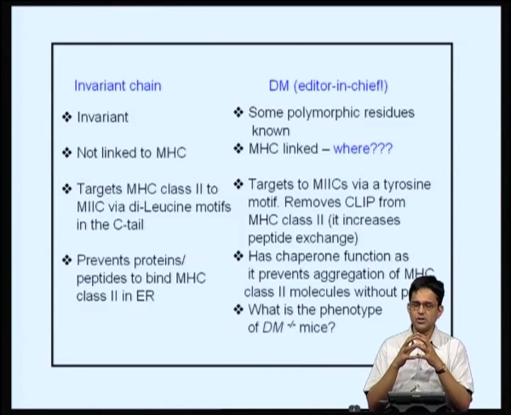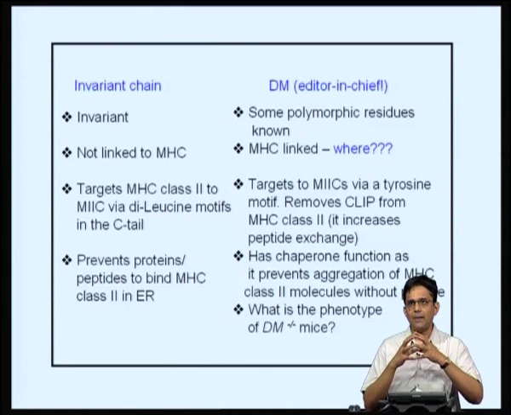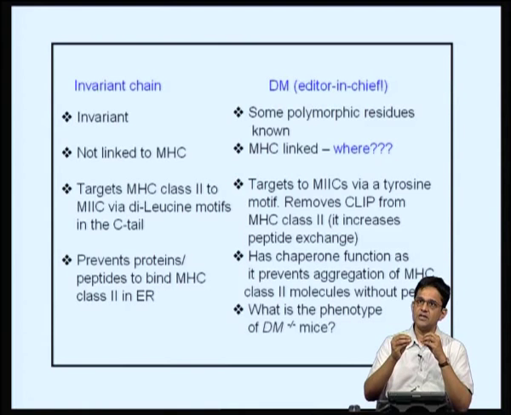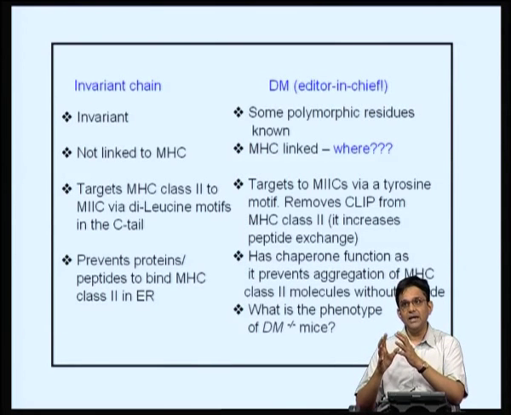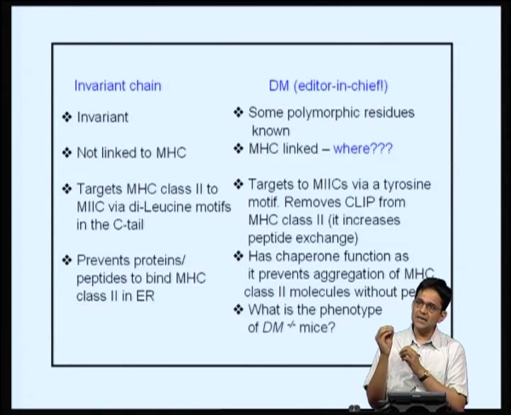If there is no expression of MHC class 2 on the surface, or very low expression, there would be no selection for CD4 positive T cells. So, no MHC class 2, no CD4 positive cells. Okay. But in the case of DM, MHC class 2 would get expressed, but it would be MHC class 2 that is expressing CLIP, which is an inefficient peptide, but there would be some selection for CD4 positive cells.